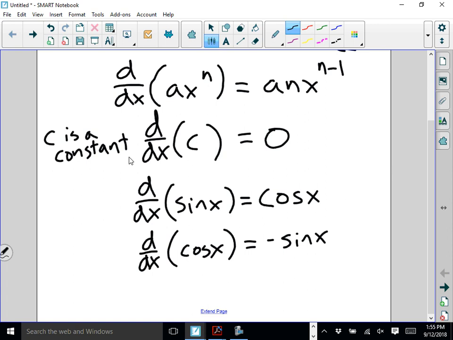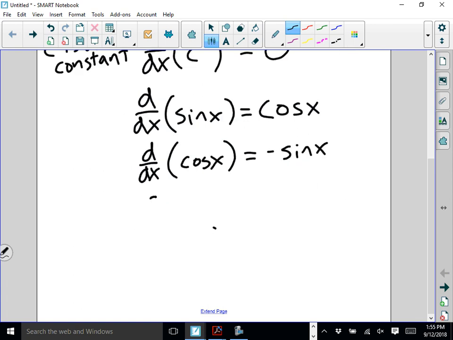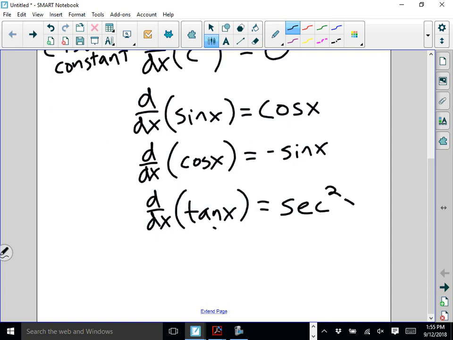The last trig function that we're going to talk about today is tangent, the derivative of tangent. The derivative of tangent of x is secant squared x.